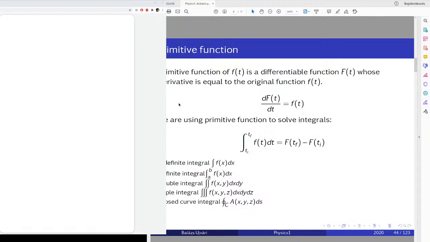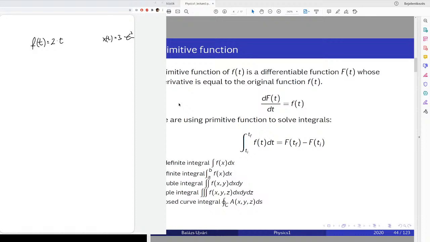Let's go back to the math. If we have a function like x(t) equals 3t squared in the last example, we can find the so-called primitive function. In this case, let's say this is 2t. What is the function that we derive to get this 2t?